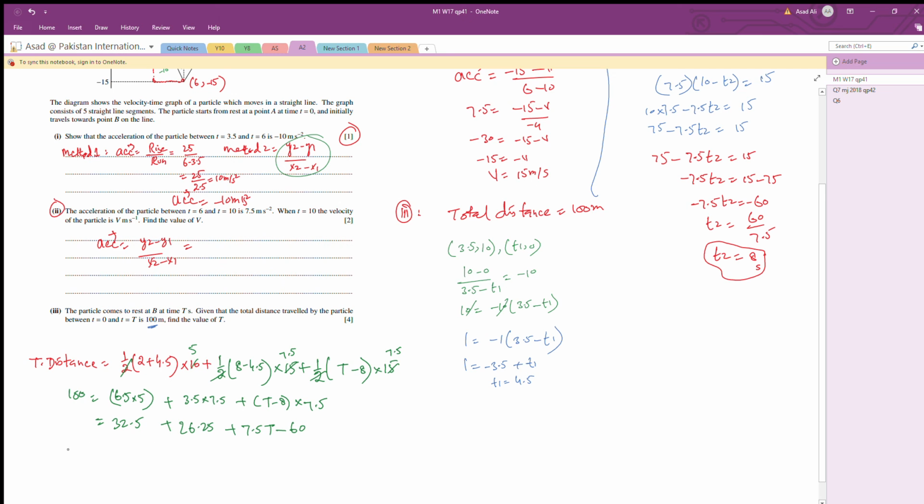So the result is 100 plus 60 is equal to 32.5 plus 26.25. This is giving us 58.75 plus 7.5 into T.